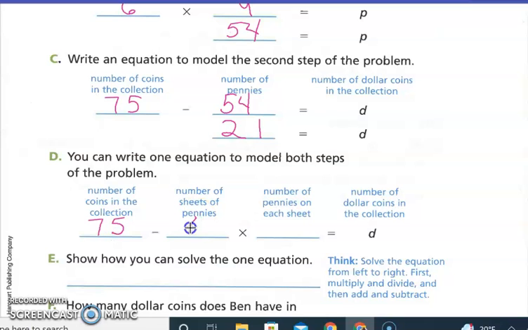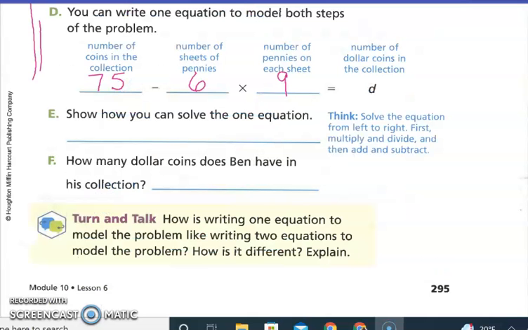Right here, 6, times the number of pennies on each sheet equals the dollar coins. Now, to solve this equation, we have 75 total coins, 6 sheets of 9 pennies each, is equal to dollar coins. Show how you can solve the equation.